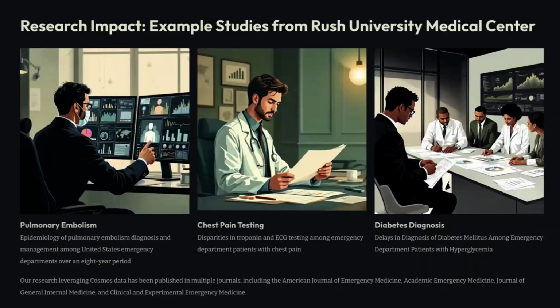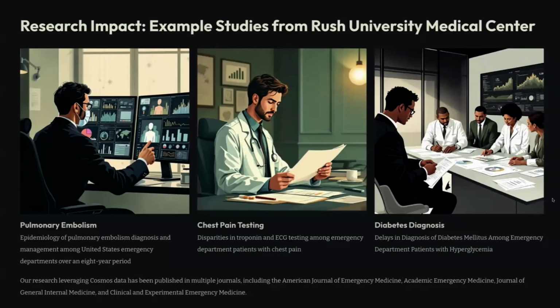And this is a slide mostly just to show some examples of what we've done at Rush. There's a few of us on the team, me included, but three studies that we've put out. So one is an epidemiological study that examined PE encounters in US emergency departments over an 8-year period. We're able to analyze trends in anticoagulation, fibrinolytic usage, CT utilization, and the demographics of the cohort.